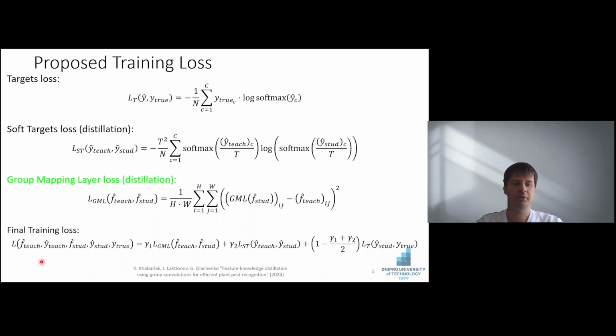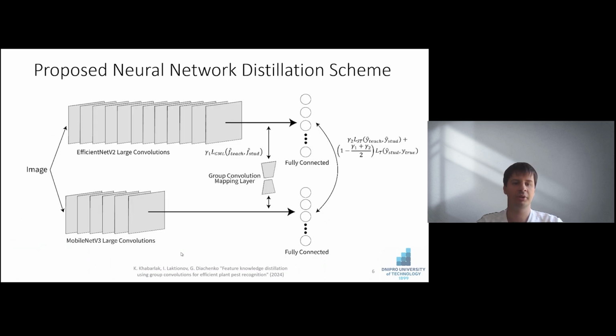And this is the final loss that is used during the training. So on the slide in here is computed the group mapping layer loss between features, and in here we have a loss between outputs of fully connected layers, both the supervised loss with true targets and the soft targets loss between teacher and student targets.